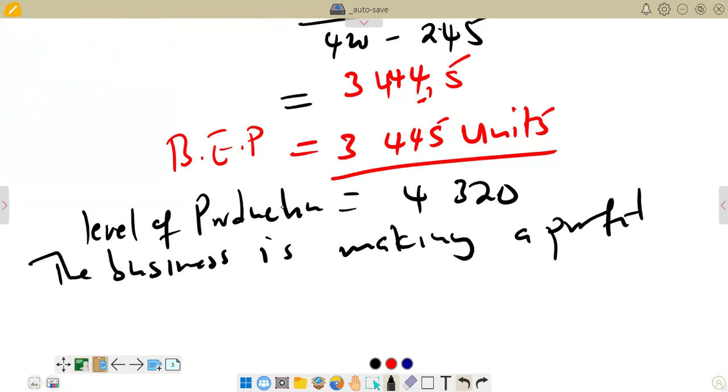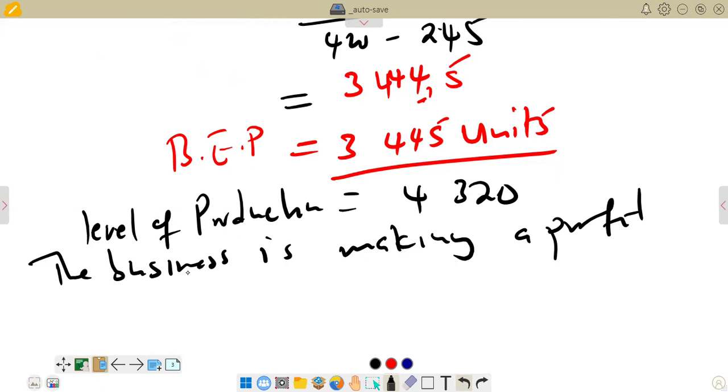And the reason is that the break-even point is below the number of units produced. So basically, if the level of production is above the break-even point, the business is making profit on the number of units that is the difference between the level of production and the break-even point. But if they are producing below the break-even point, it means they are making a loss on the difference of the units that are there.